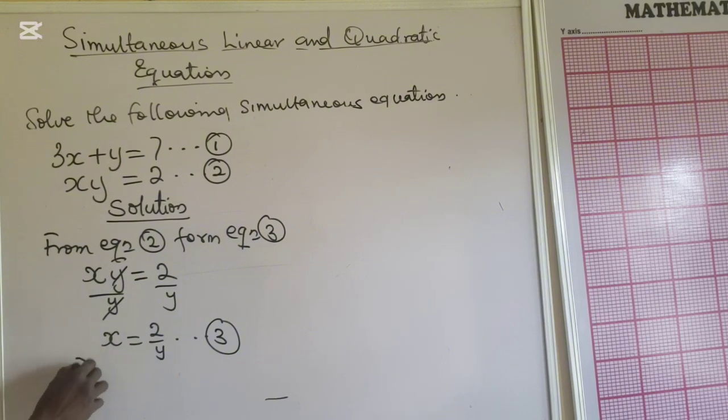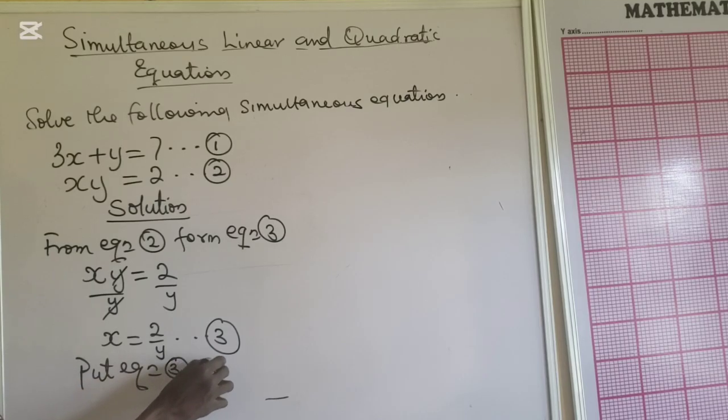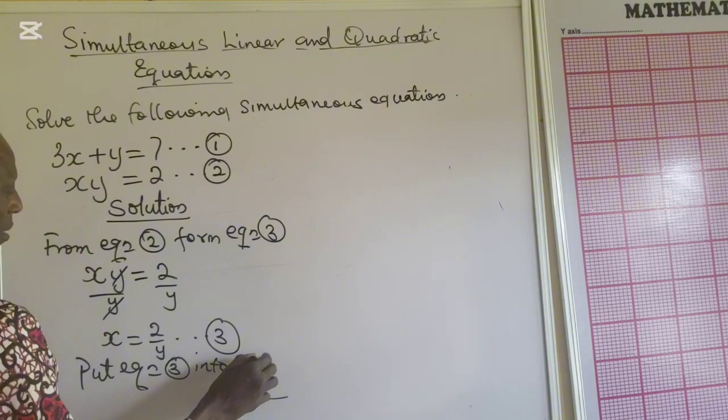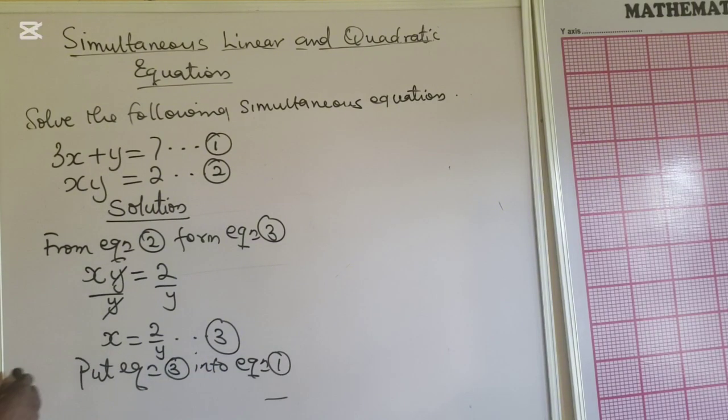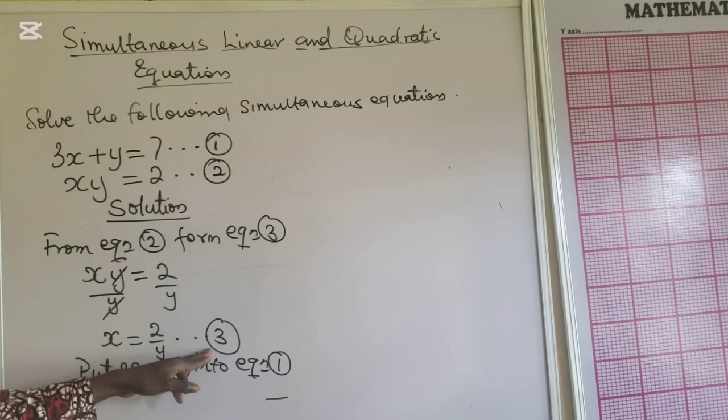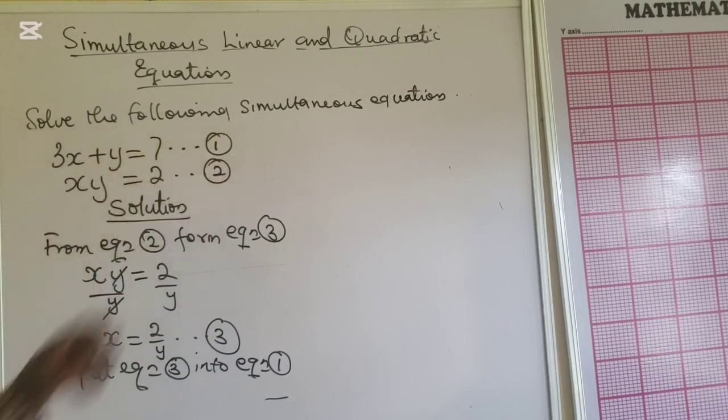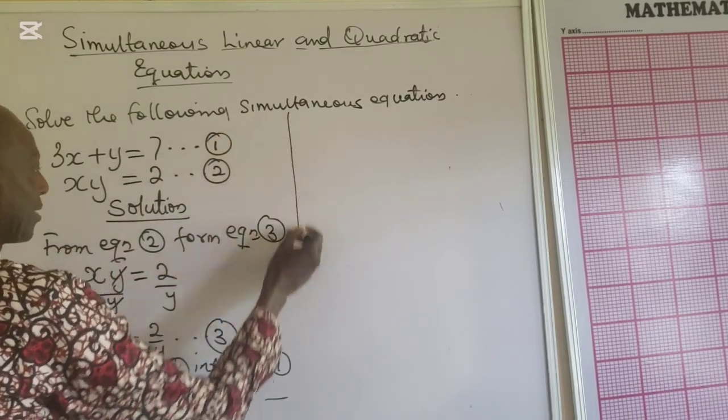I'll now put equation 3 into equation 1. Take note, it's from equation 2 that I form equation 3. So I will put 3 into 1. And what is equation 1 telling us?